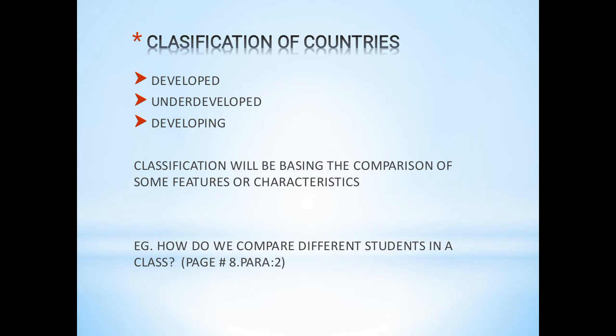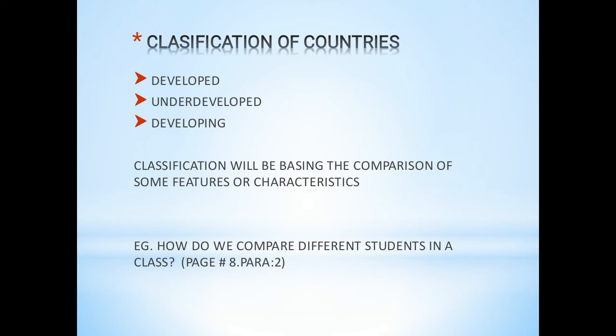From these comments, we can understand that world economies are classified into 3 categories or groups: developed, underdeveloped, developing.